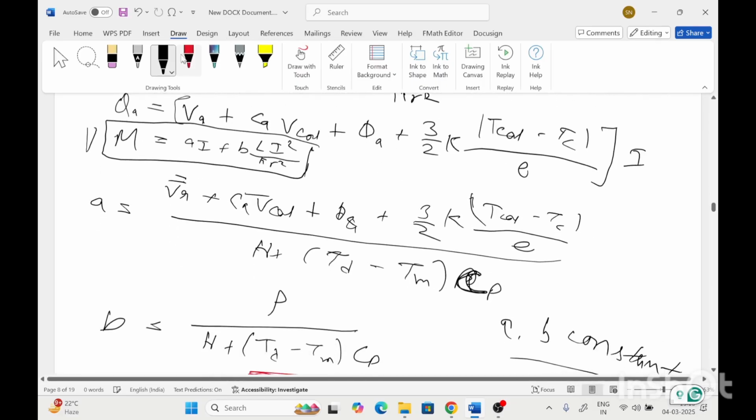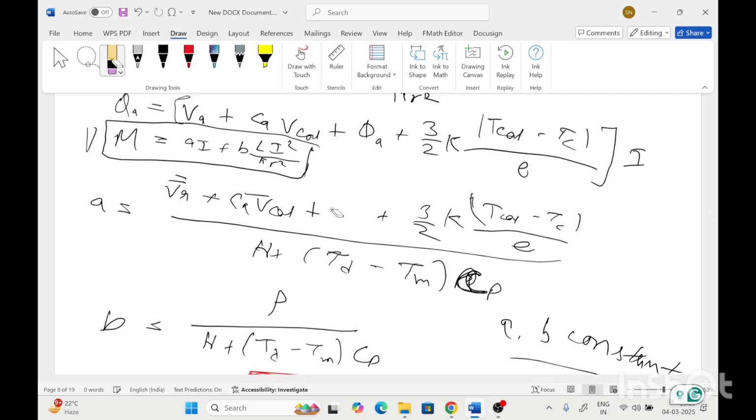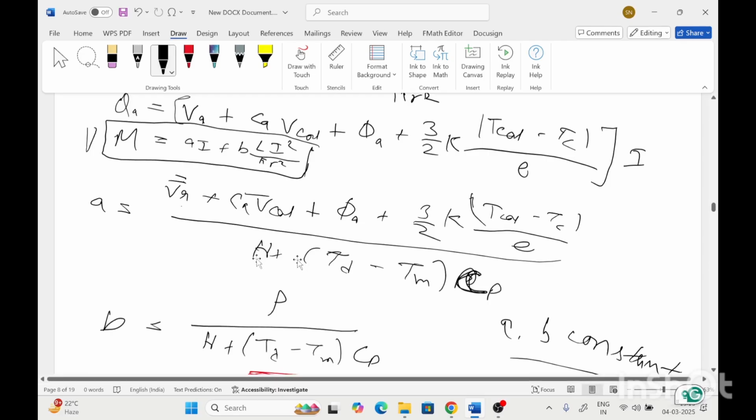A can be written as phi plus VA, where only the I term is excluded, divided by H plus (TD minus TM) CP.